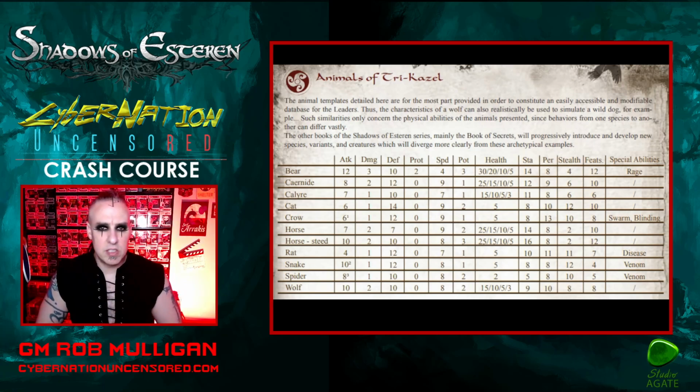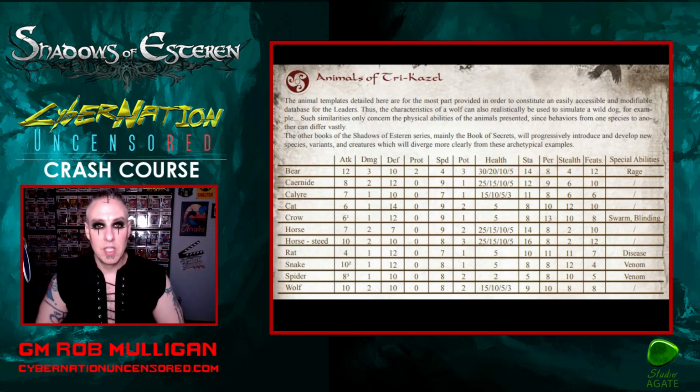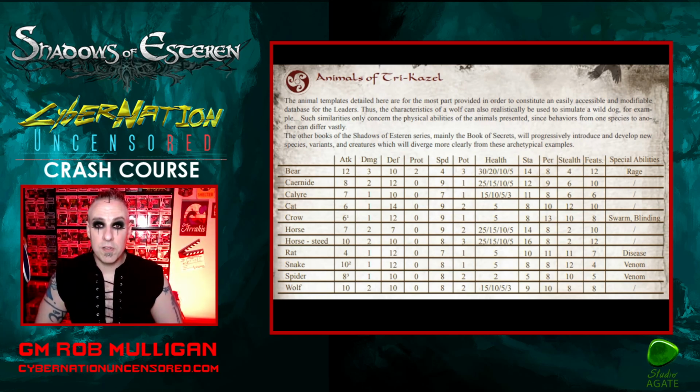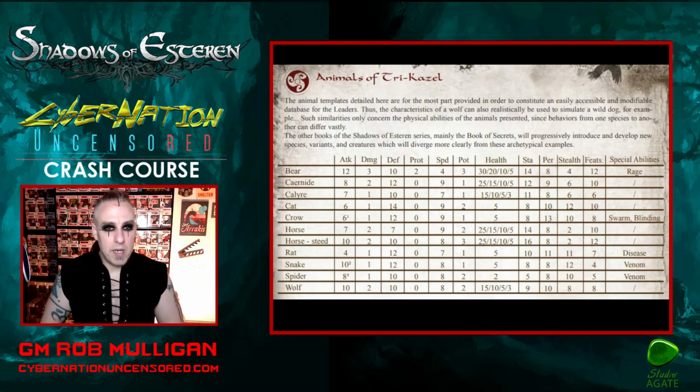And then it also mentions this, I think worth mentioning, the other books of the Shadows of Esteren series, mainly the Book of Secrets, will progressively introduce and develop new species, variants, and creatures, which will diverge more clearly from these archetypical examples.